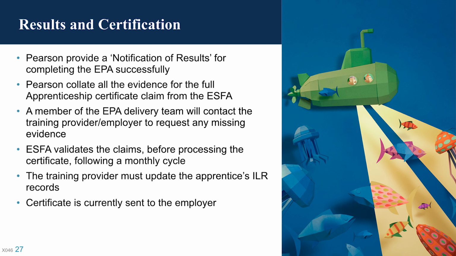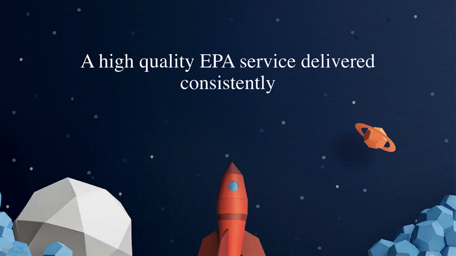So we just process the claim, and then it is up to the ESFA to send that information through. So hopefully all of those different elements will then culminate in the delivery of a high quality EPA service from Pearson on a consistent basis. And that, in short, well, not really short, but that encapsulates our EPA service delivery proposition.